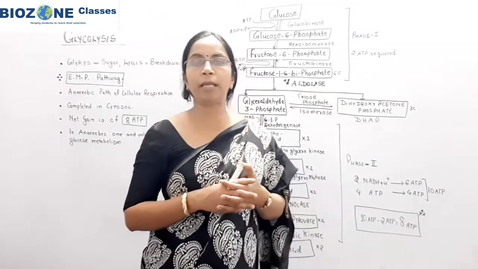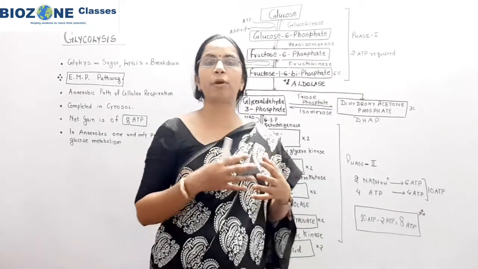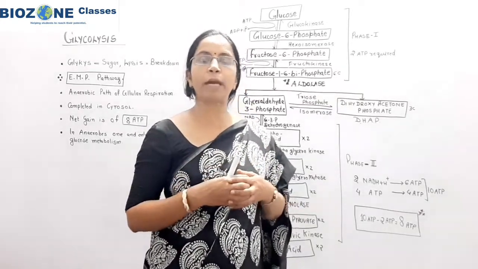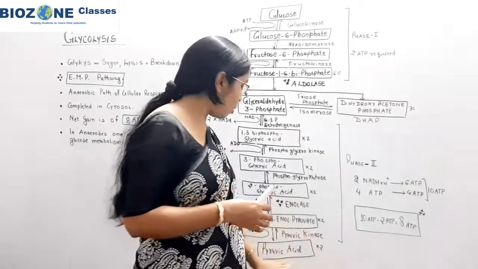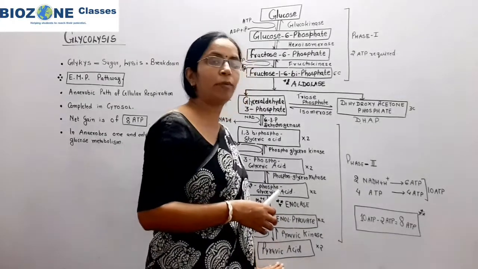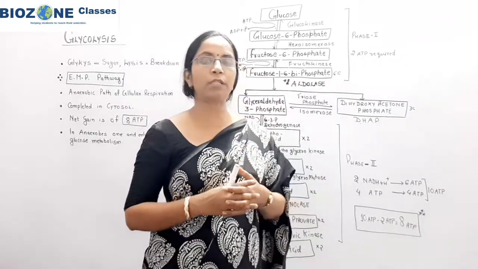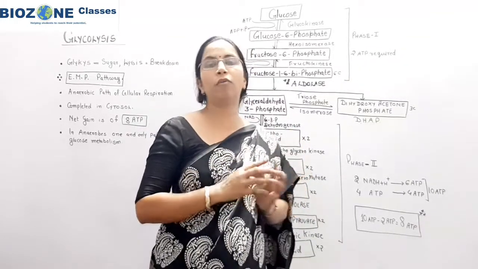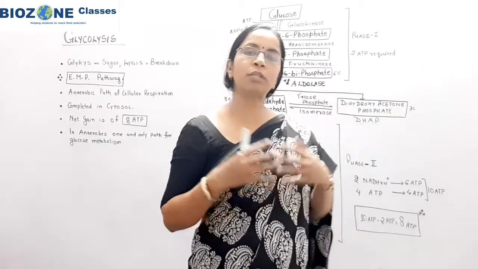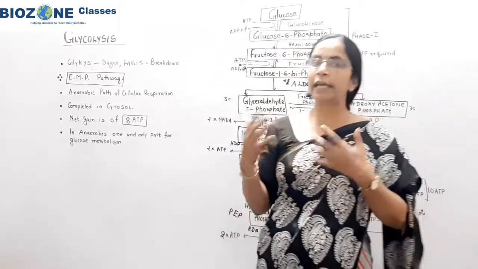Where is the perimitochondrial space available? The outer chamber of the mitochondria is called the perimitochondrial space. So now in aerobic individuals or aerobic cells, this pyruvic acid enters the perimitochondrial space, and there it is involved in the link reaction. That we will study in our next session.